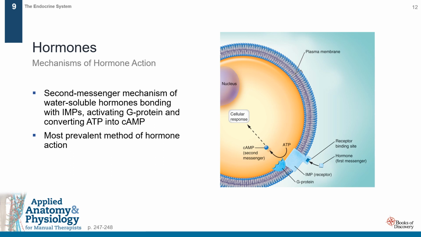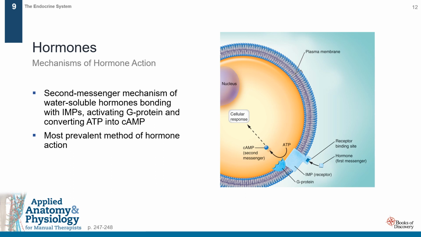The receptionist signs for the package, activation of the G protein, and then hands it off to an assistant, the second messenger, who delivers the package to the employee for which it is intended. That employee is the person who will act on or respond to the contents of the package.